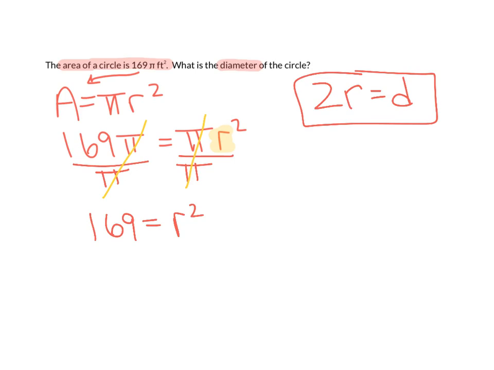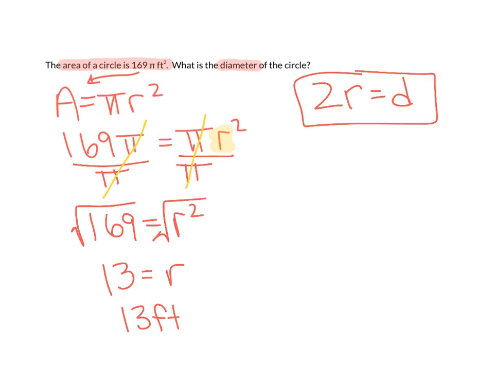Just like in our last example, we said, how do we find radius if we have radius squared? How do we undo a square? And that is, in fact, the square root. So I put the radical symbol on both sides to take the square root. The square root of 169 is 13. So 13 is my radius. Since we're dealing with feet, that's 13 feet.